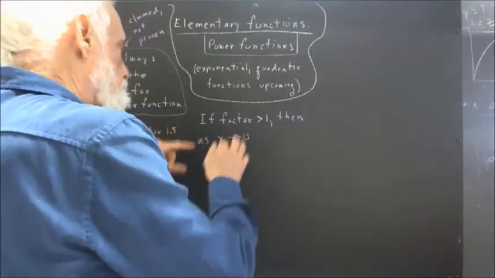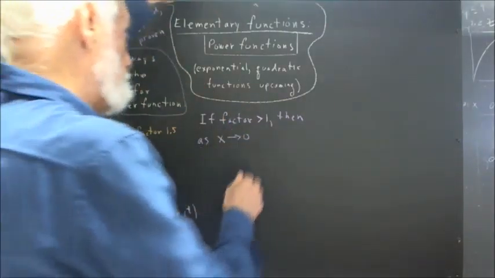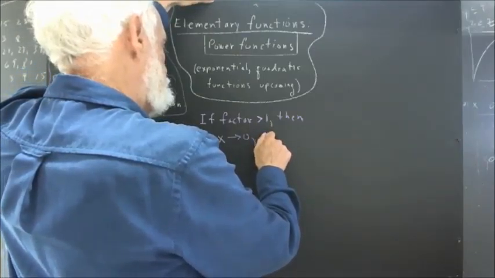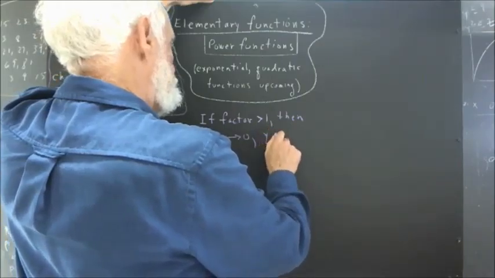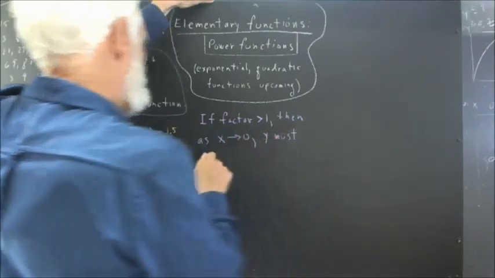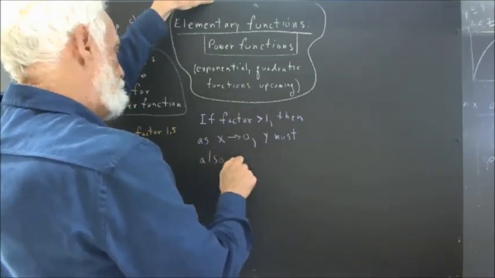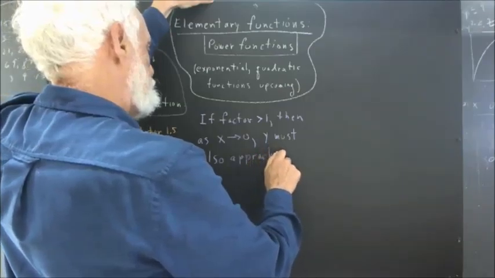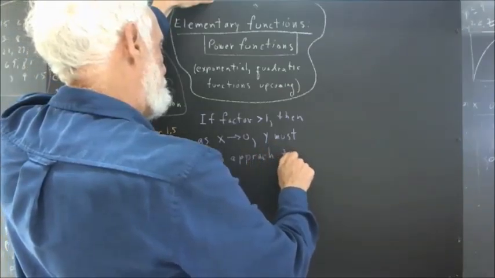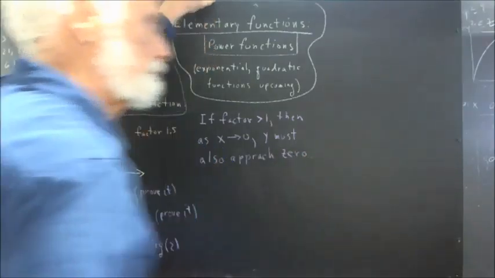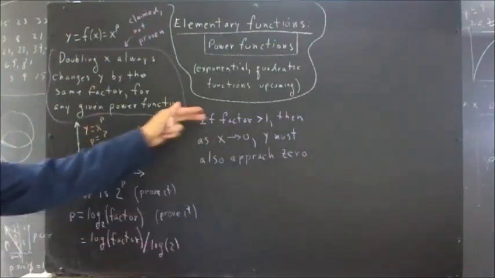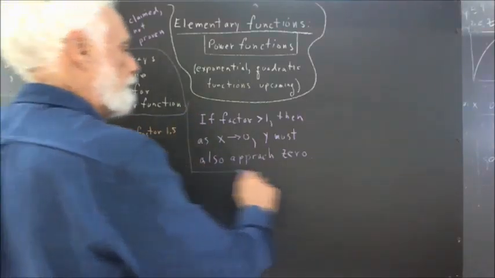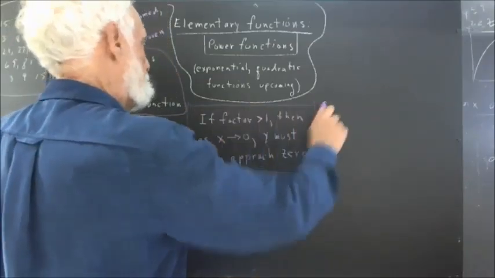In any case, if x approaches 0 and the factor is greater than 1, then the y value must also approach 0. In mathematical language, there's a more compact way to say this, but I'm going to leave it as this.